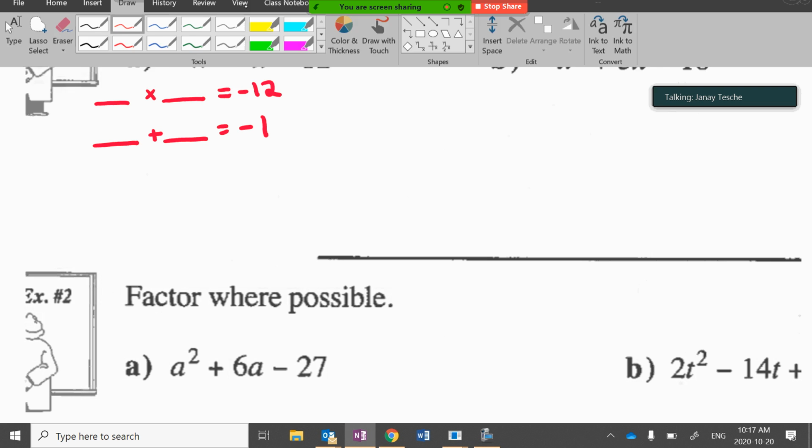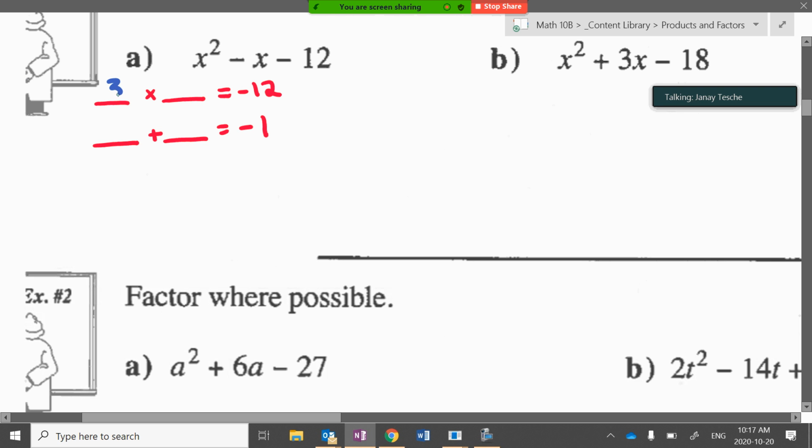So like in the last example, we're going to use 3 and 4. Which one's positive though now? Which one's positive? So 3 is positive and my 4 is negative because that gives me the negative 1 here.